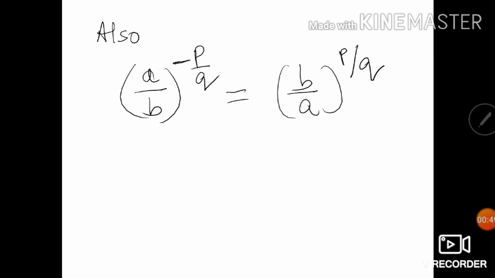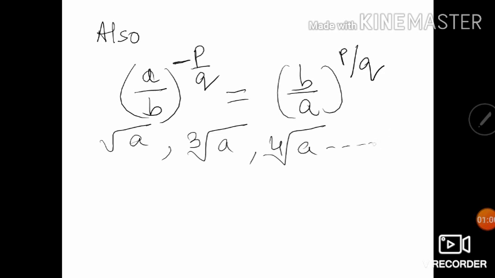In the previous video class, we have learned numbers like root a, cube root of a, fourth root of a, and so on, nth root of a. These numbers are called radical numbers. Square root of a in the exponent form can be written as a to the power 1 upon 2.